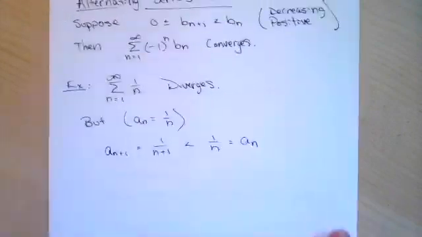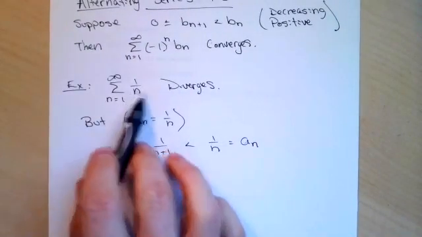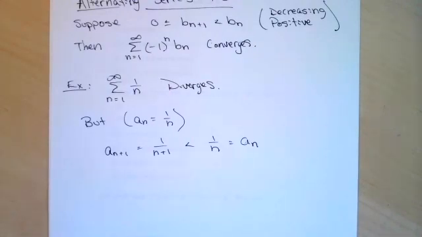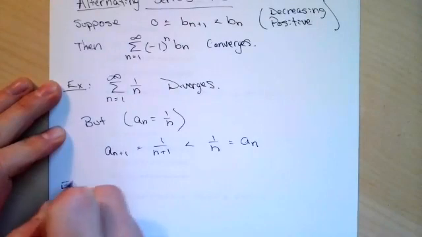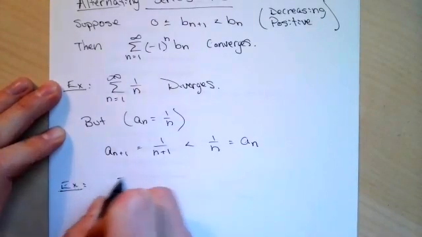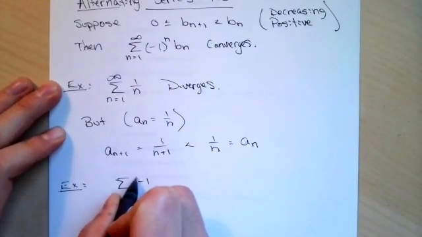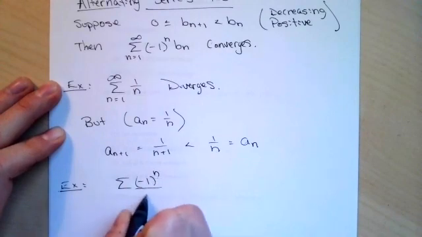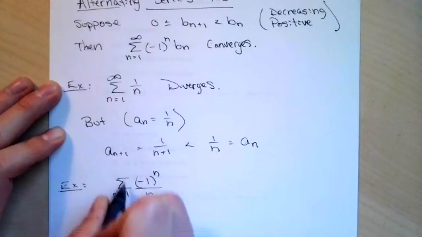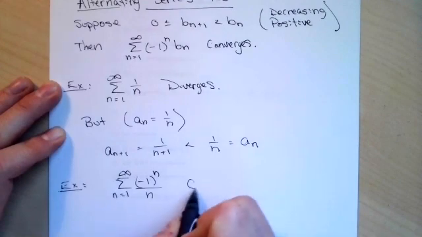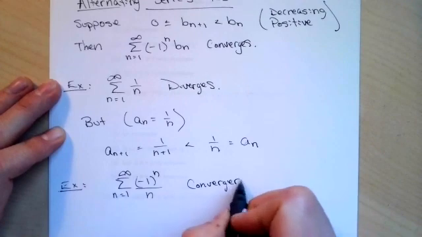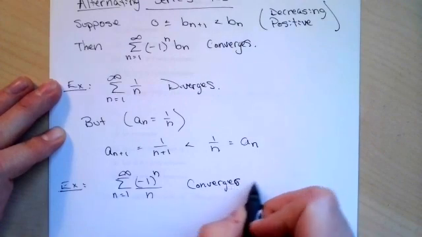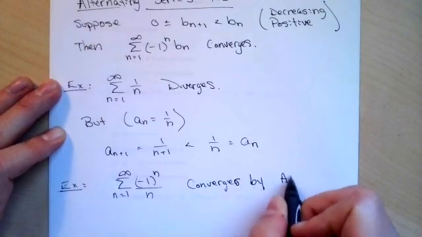So it is monotonically decreasing. As n gets bigger, the overall sequence gets smaller. So it is a decreasing sequence. So if we see an alternating harmonic series, this converges by the alternating series test.